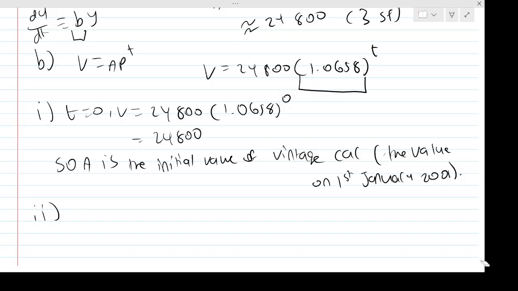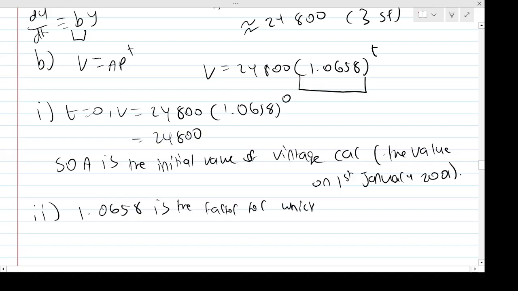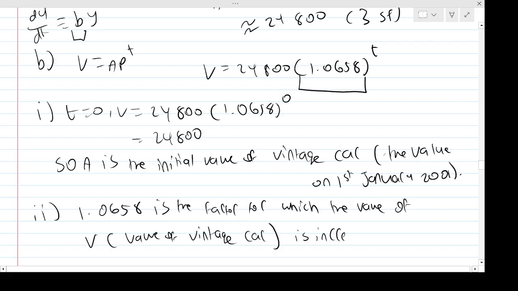So 1.0658 is the factor by which the value of V, the value of the vintage car, is multiplied, because it's a factor, every year. Okay, that's important.